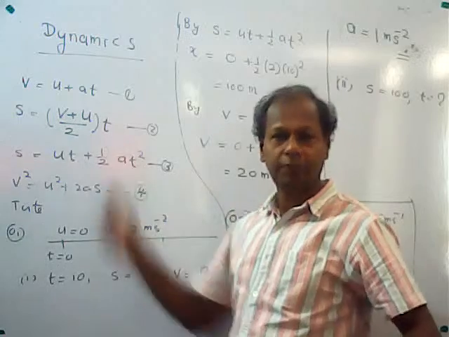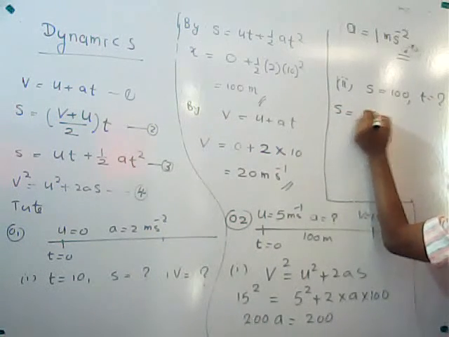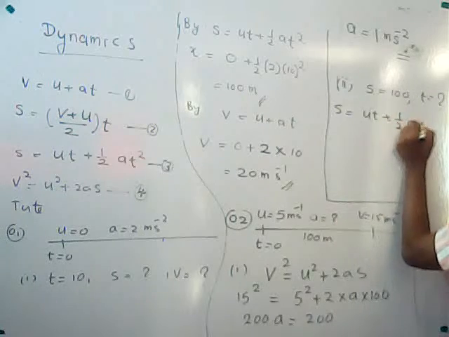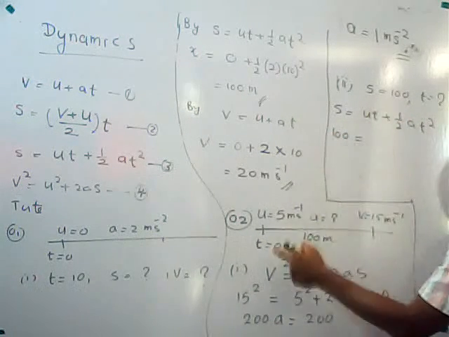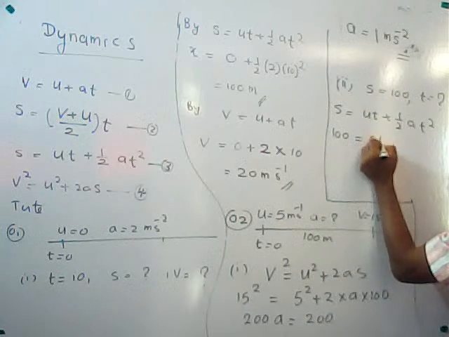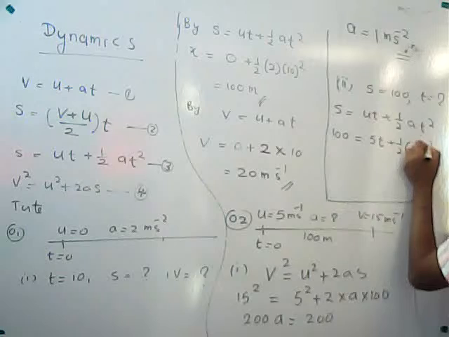S is given, asked to find t. Use s equals ut plus half at squared. 100 equals u is 5 plus half, acceleration is 1, t squared.